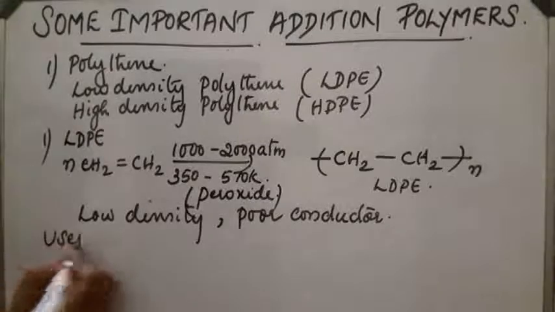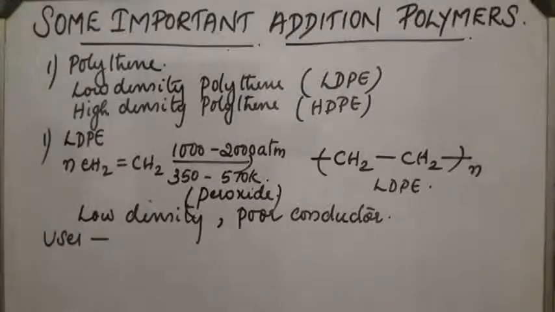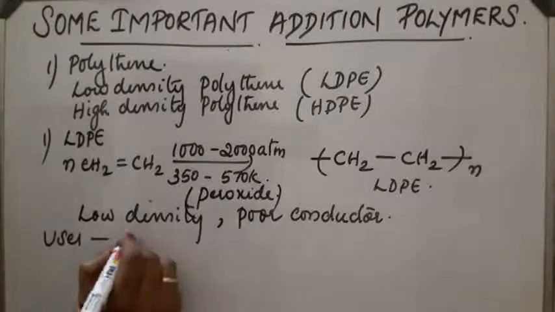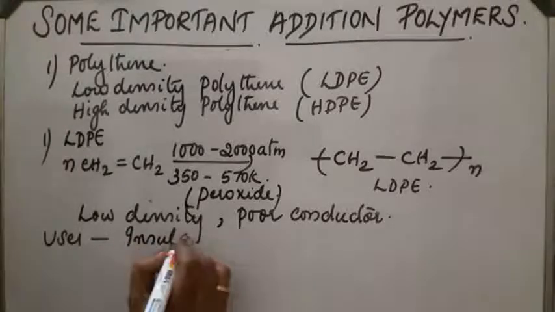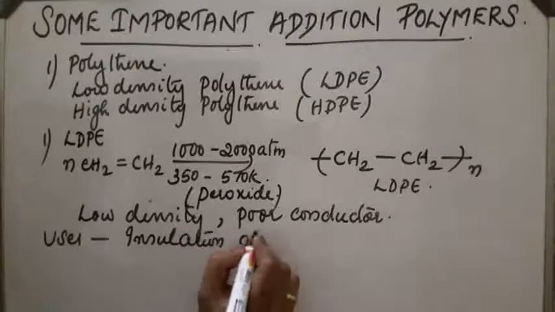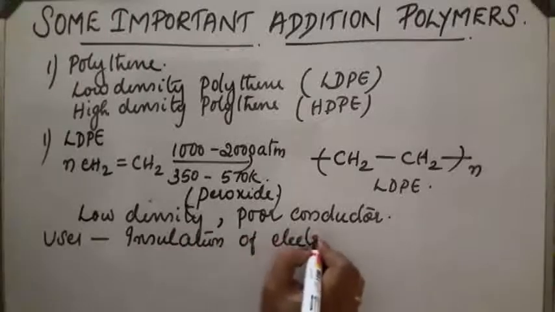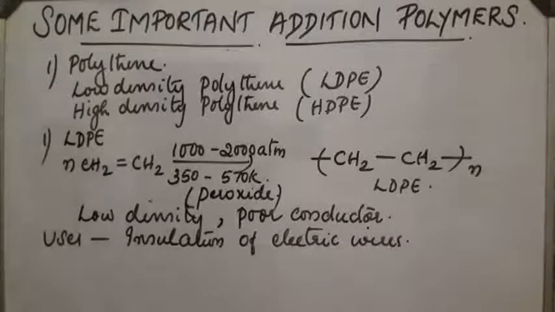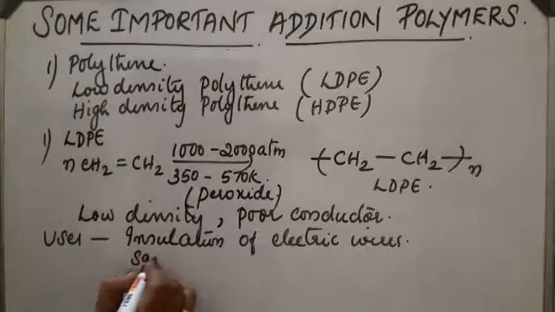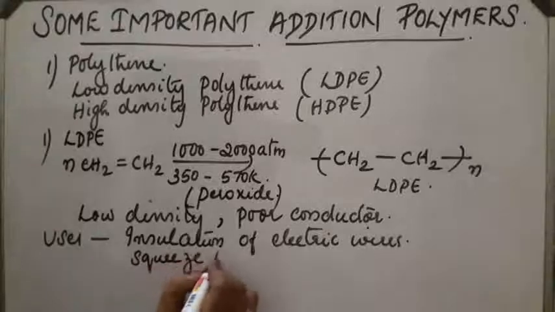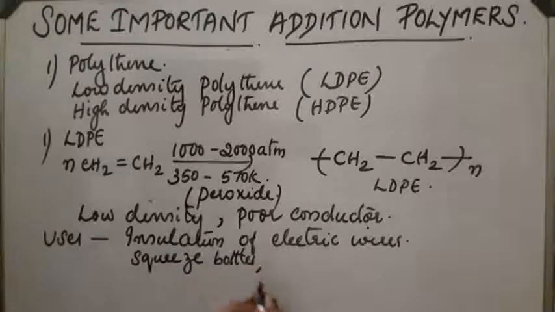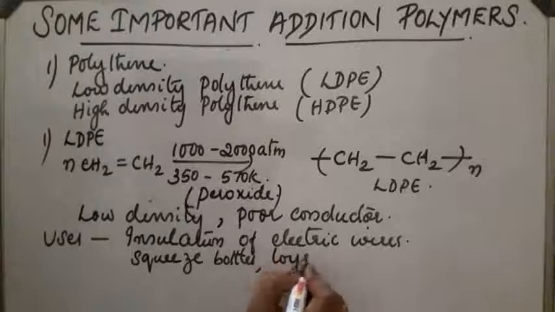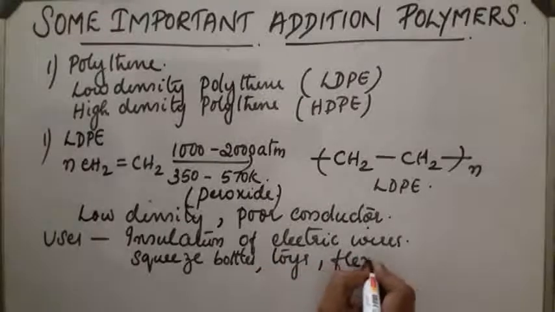Due to its poor conductivity of electricity, it can be used as insulation of electric wires. Another use is it is used for the manufacture of squeeze bottles, toys, flexible pipes, etc.